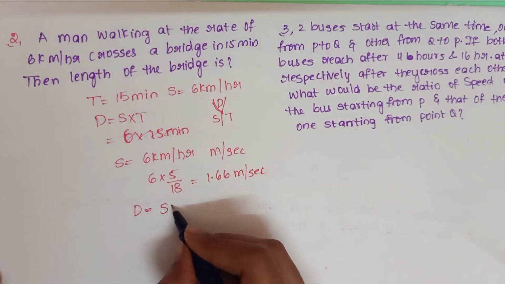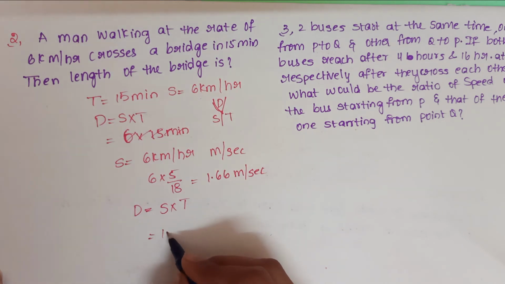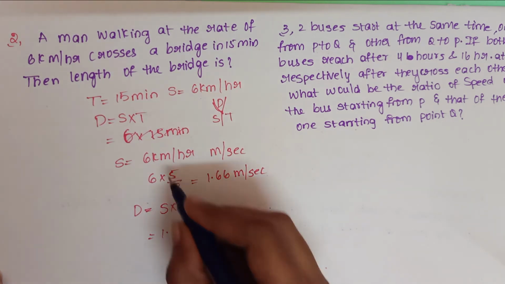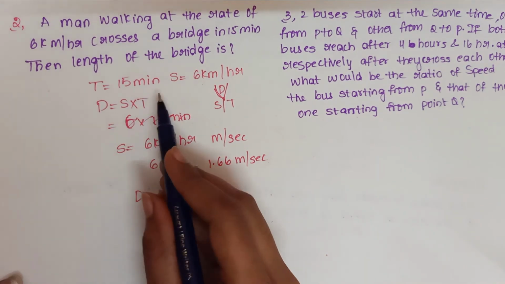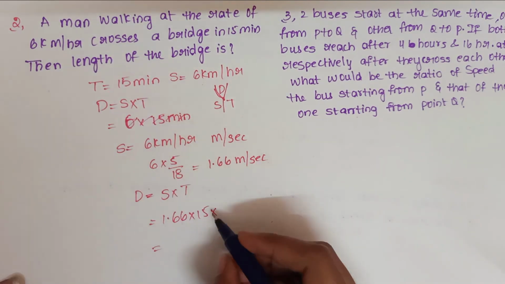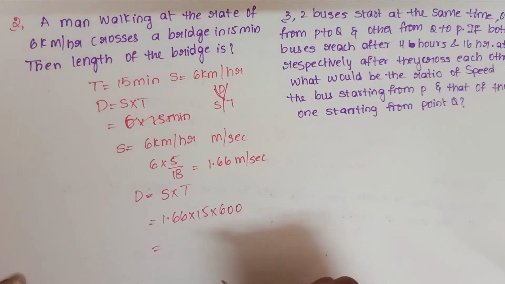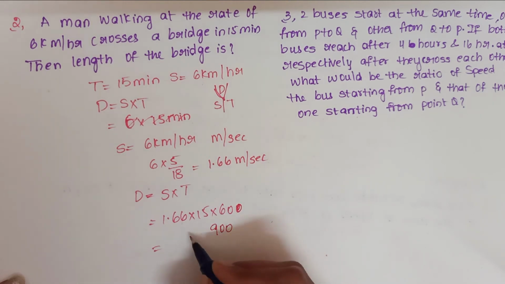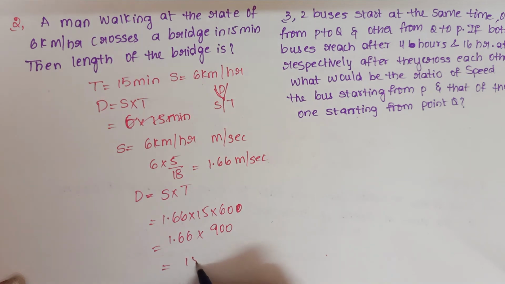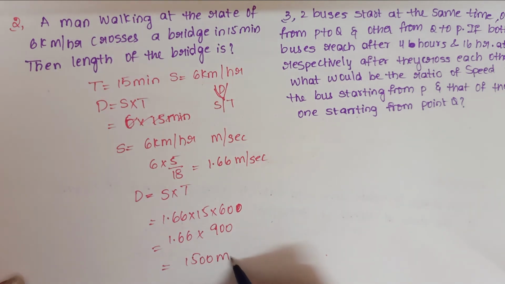D is equal to s into t. 1.66 into 15 minutes. This is minutes, so we want to convert this into seconds, into 60. If we calculate these two, we'll get 900, where 1.66 into 900 is 1500 meters.